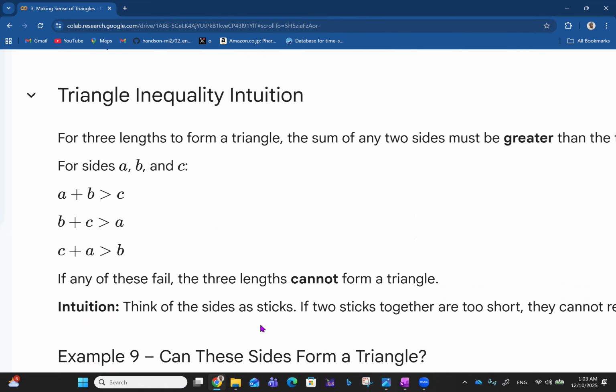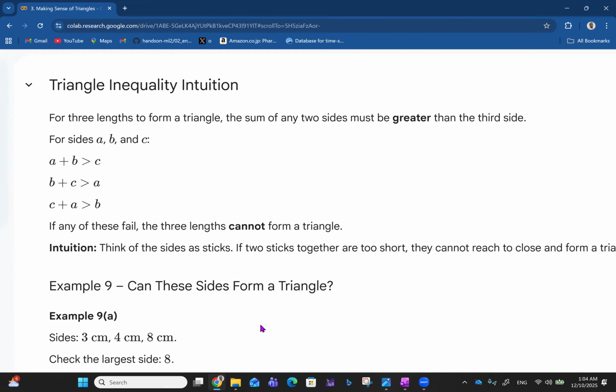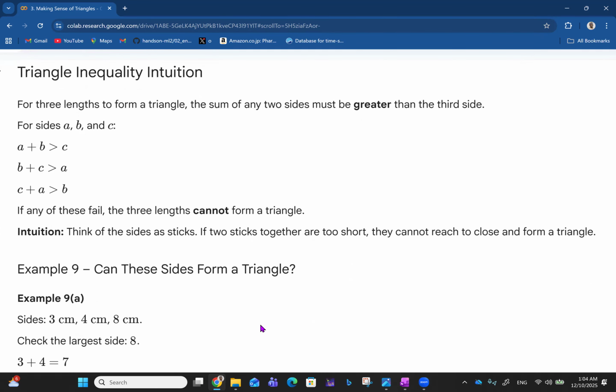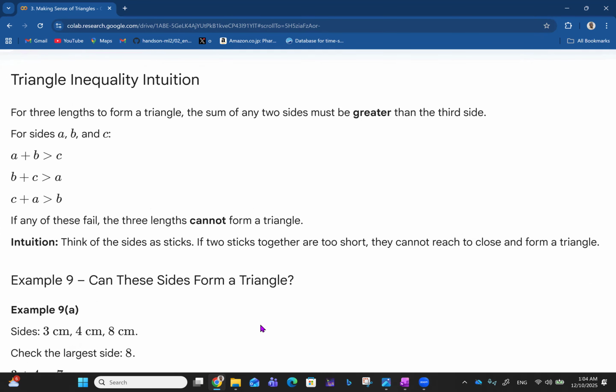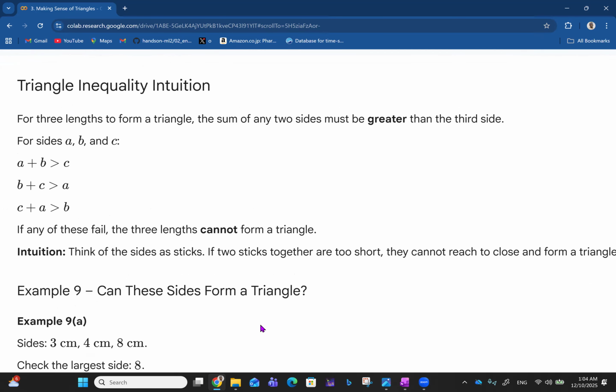Now, this is a very important idea: triangle inequality intuition. In one of the previous videos, I just picked three values and wasn't sure if they were going to make a triangle, because not all three numbers you pick can form a triangle.